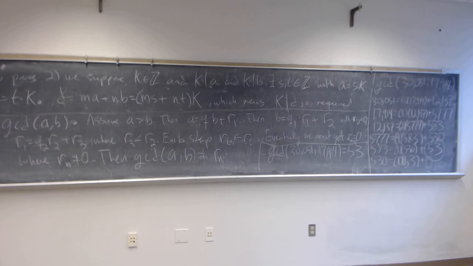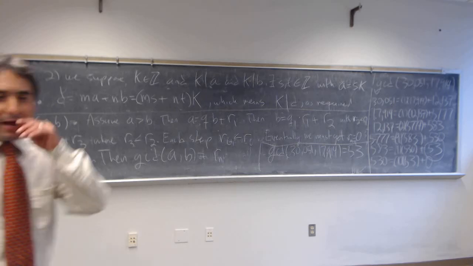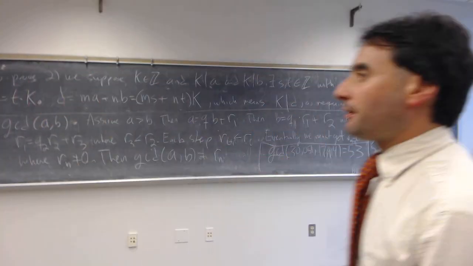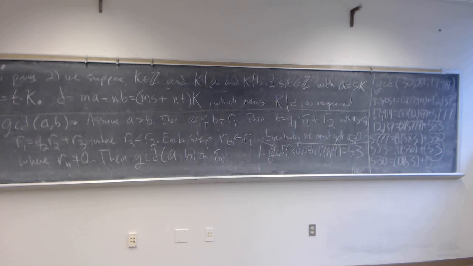Okay, so I'll move the camera in a second. What I've just put on the board there is: express the greatest common divisor, so 53, as a number times 30,051 plus a second number times 17,914.